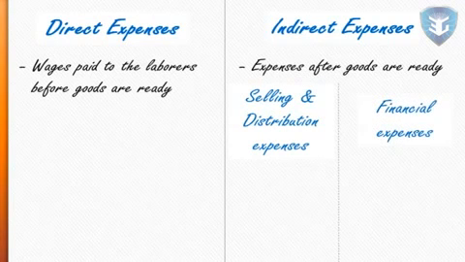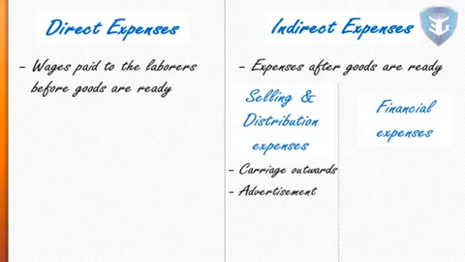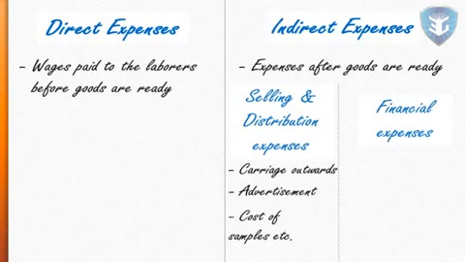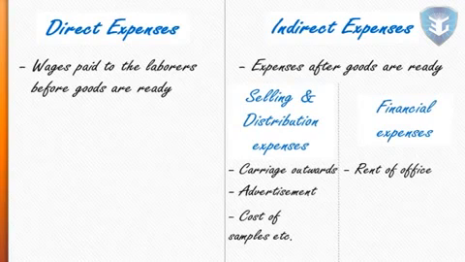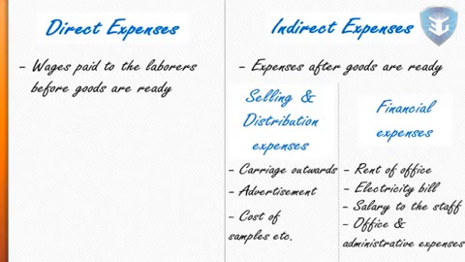Selling expenses, suppose carriage outward, you have paid advertisement, the cost of the samples, etc. And financial expenses, suppose you have paid the rent of the office, electricity bill, salary to the staff. And third category is office and administrative expenses, means any expense related to your office or administration. All these are indirect expenses.